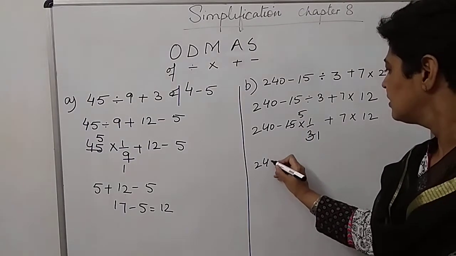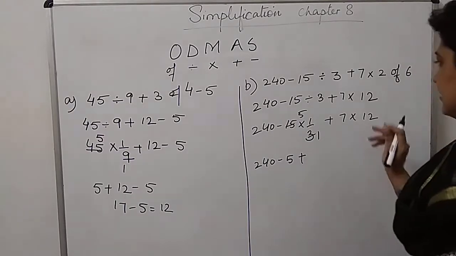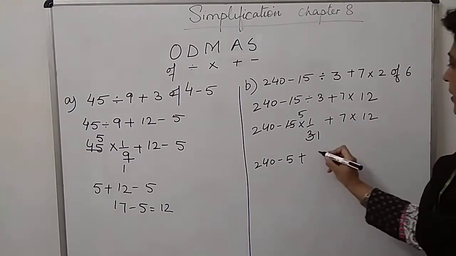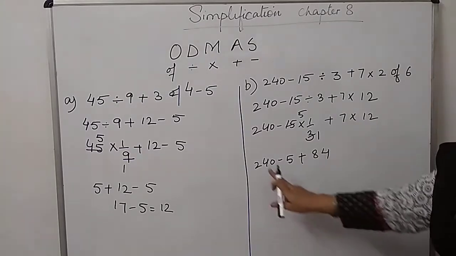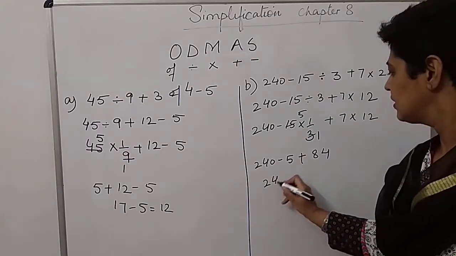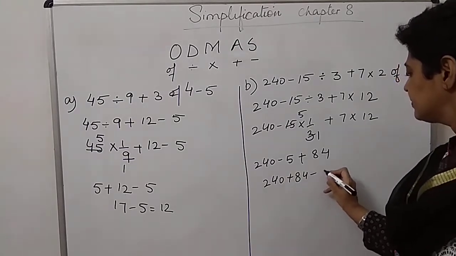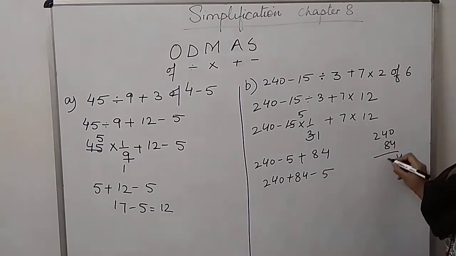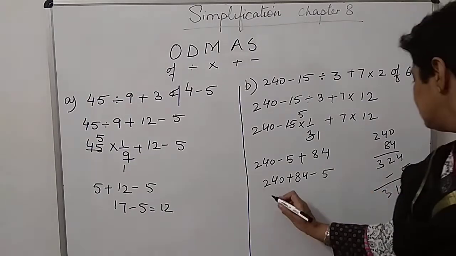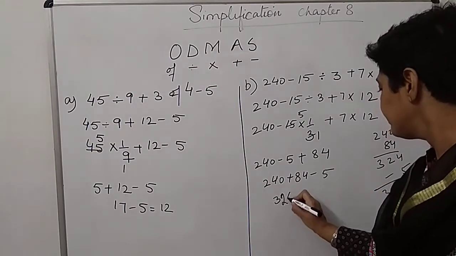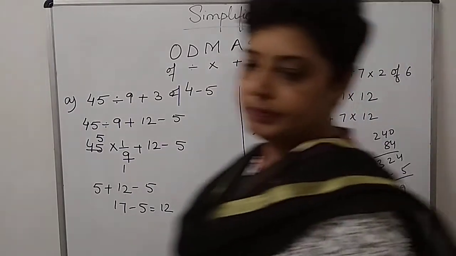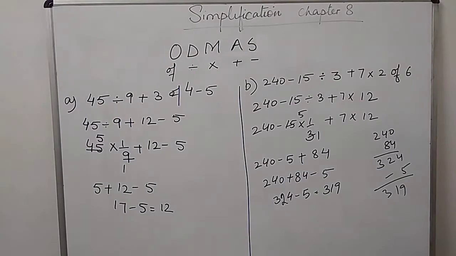Now minus 5 plus, in this step only we can solve this also. 7 into 12, 84. Now plus 324 and minus 5 will give 319. So 324 minus 5 gives 319. Now let's take another example.